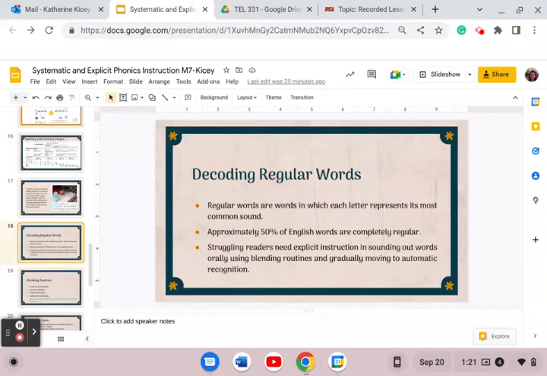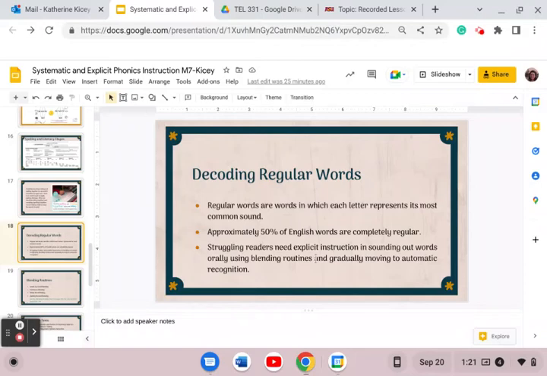There is going to be a specific list of words or types of words that can be decoded. Approximately 50% of English words are completely regular, so can be decoded. But that also means 50% can't. So you need to learn the decoding skills before you start learning all those different rules.